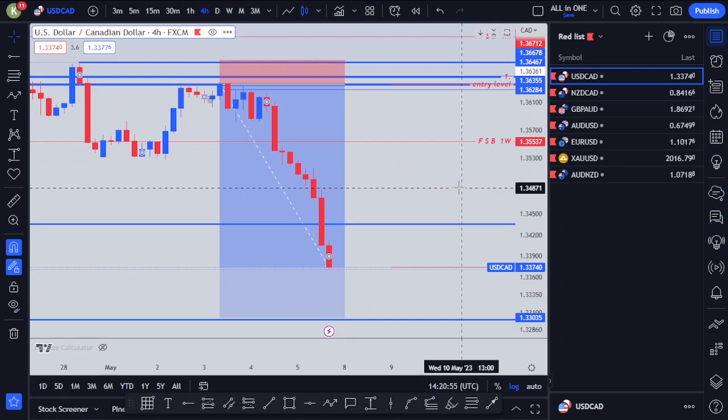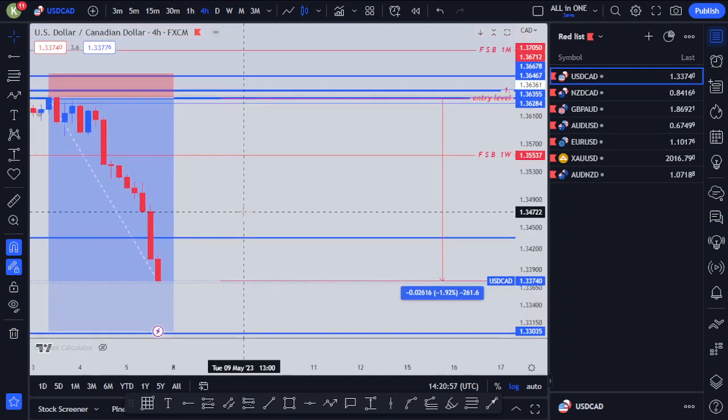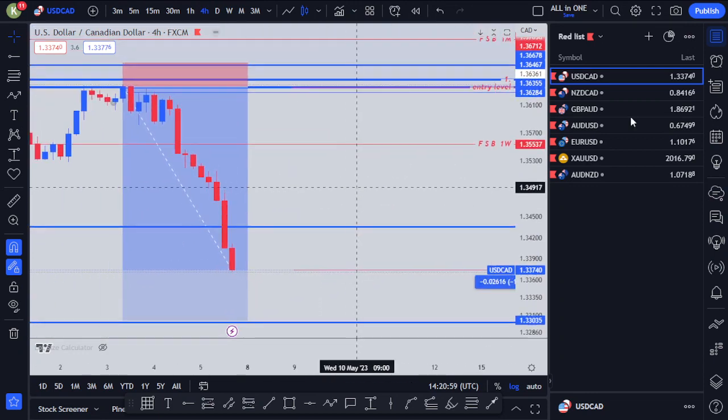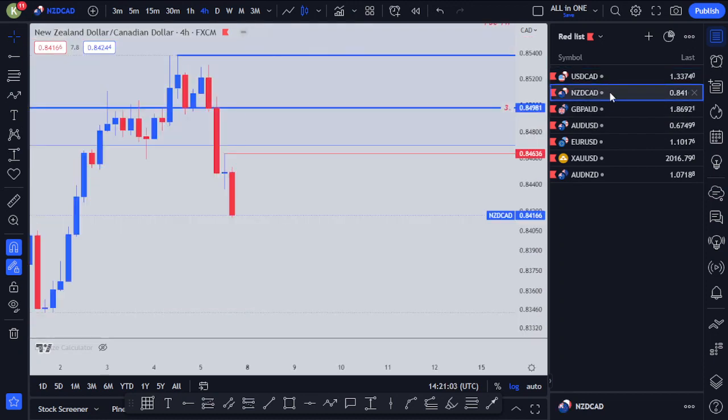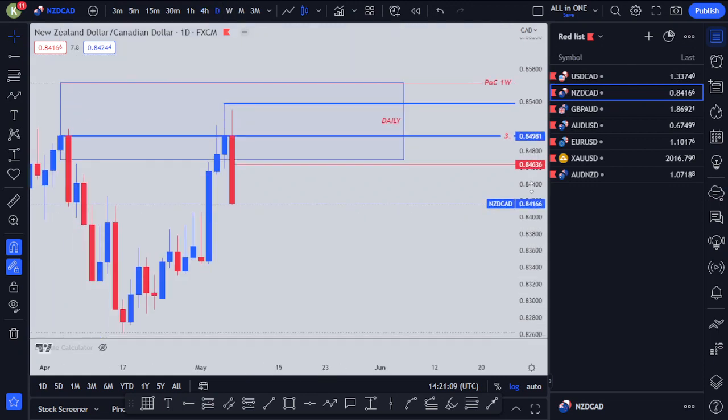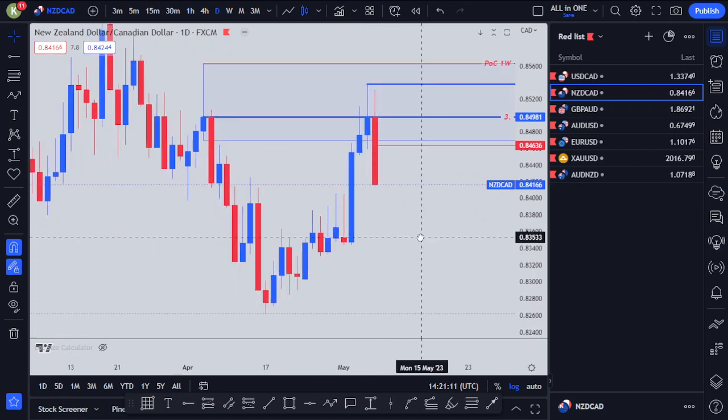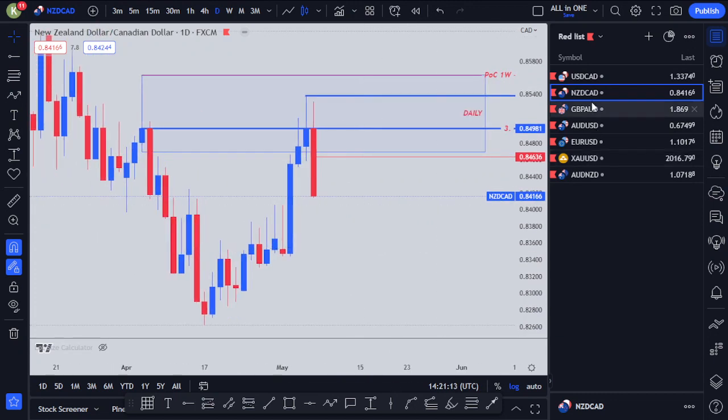And this is where we are now, about 261 pips. USDCAD, I analyzed it, but I think we couldn't get any entry. Maybe this time around it'll give us an entry.